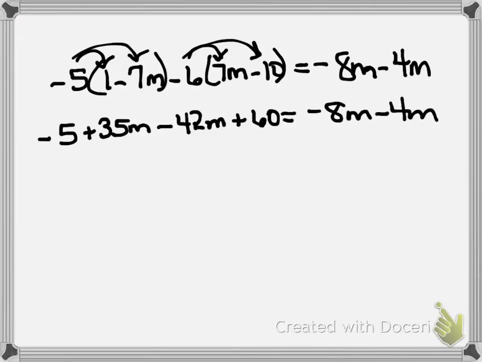So we have some like terms. We have like terms on the right, and we have like terms on the left. Cannot mix the left with the right. There is an equal sign there that you need to always remember as a boundary. You cannot just cross over it without using inverse operations or doing two things, one to each side.